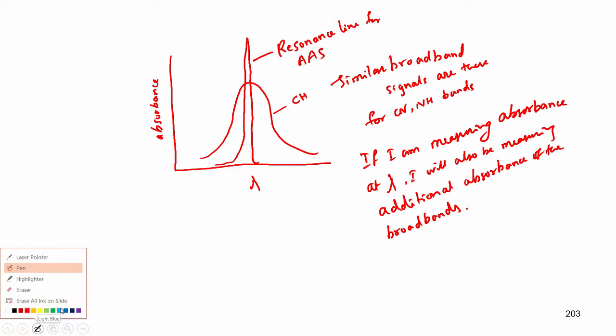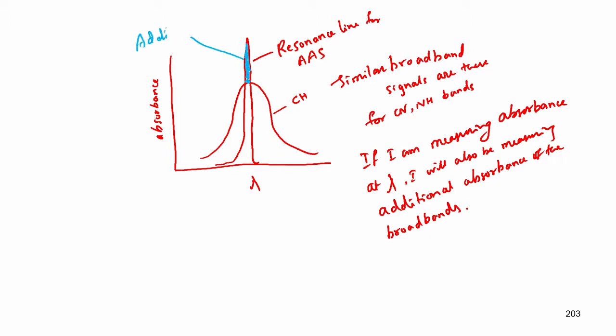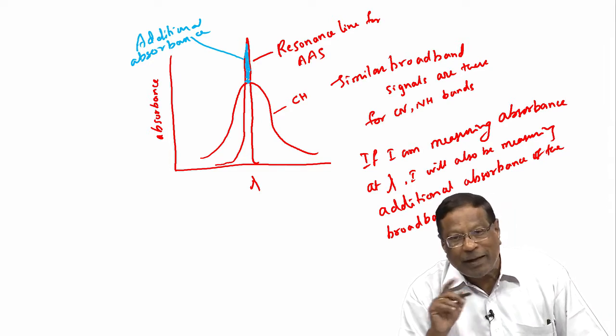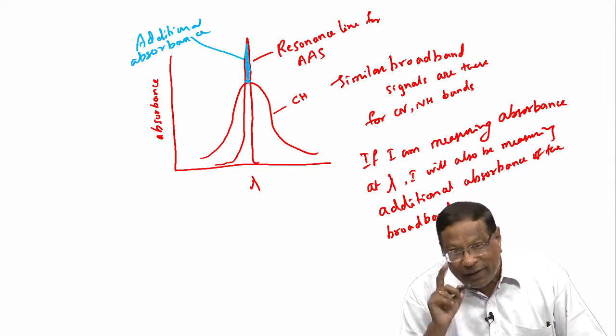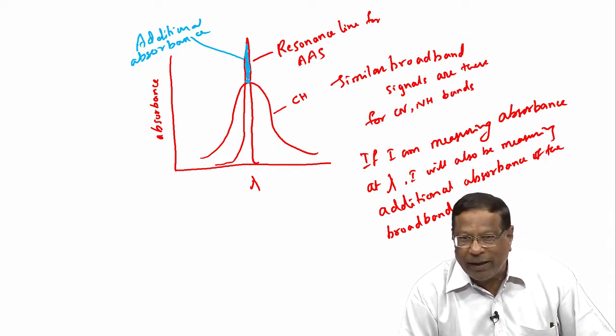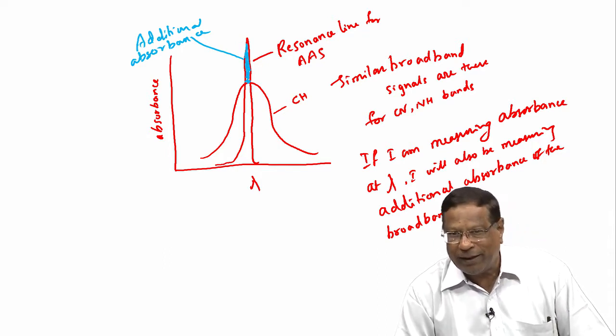What is the additional absorbance I am going to measure? This is the additional absorbance I am measuring at lambda, but it is not due to the element which I want to determine. So, this introduces a noise or an electrical noise which is not wanted.